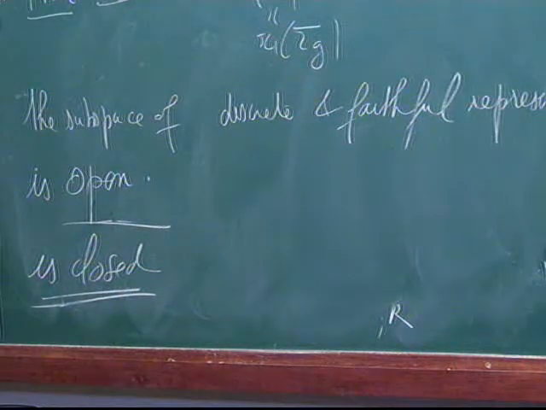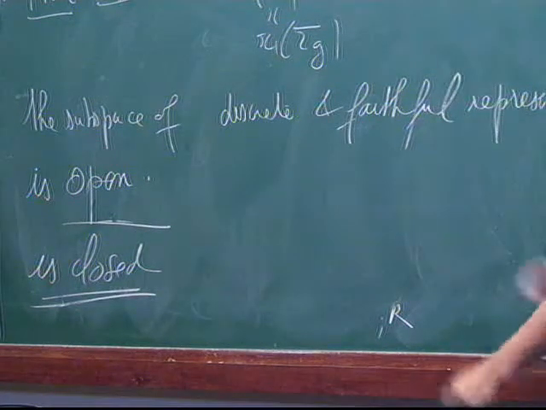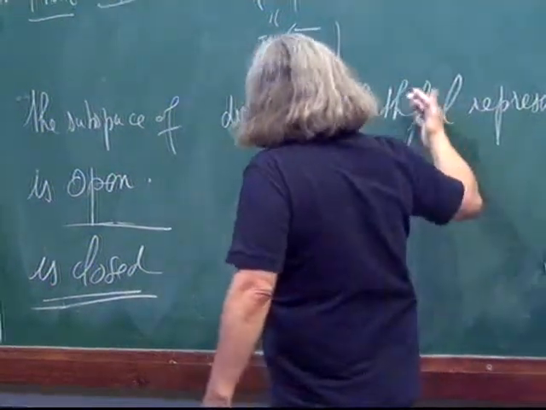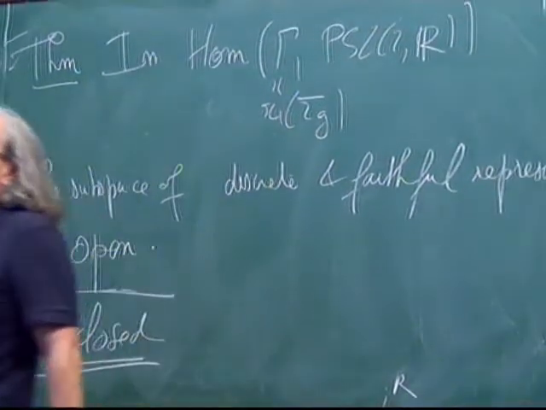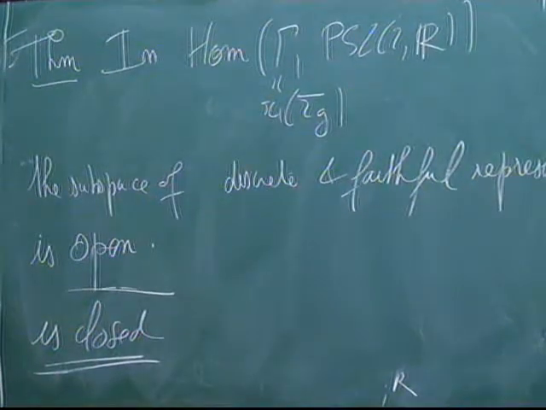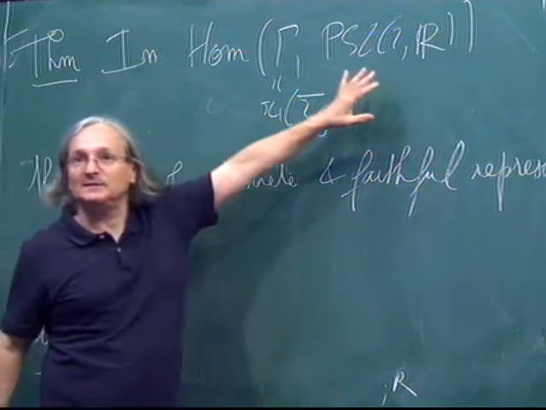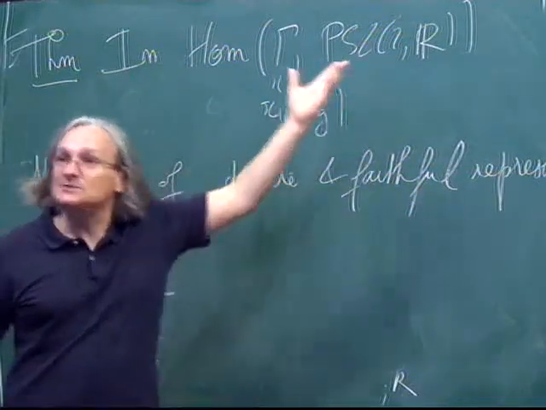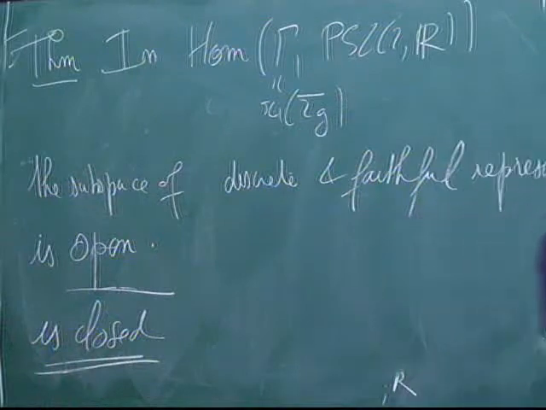And therefore, since it's open and closed, that means that the space of discrete, faithful representations is one connected component of this full representation space, since it's open and closed. So to show it's closed, I think Poincaré did not notice it. The proof is this.